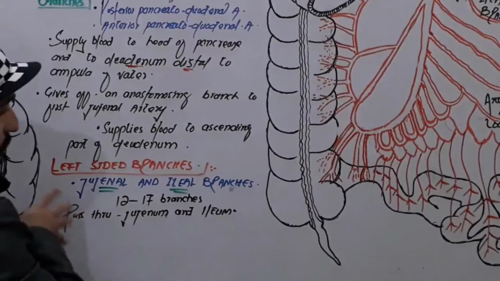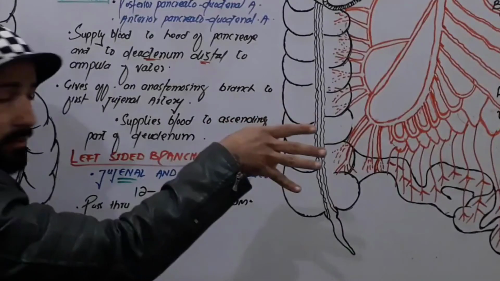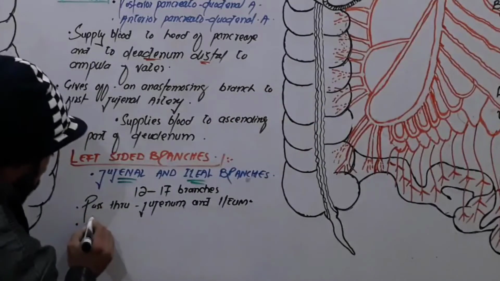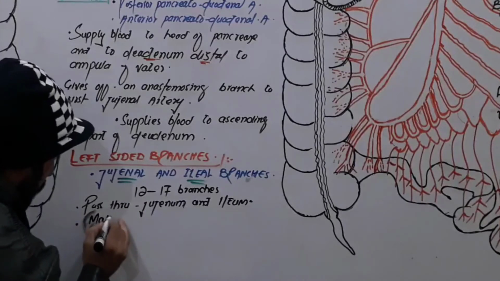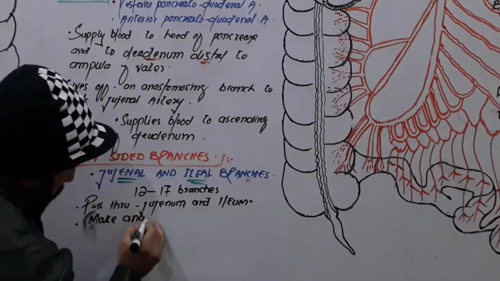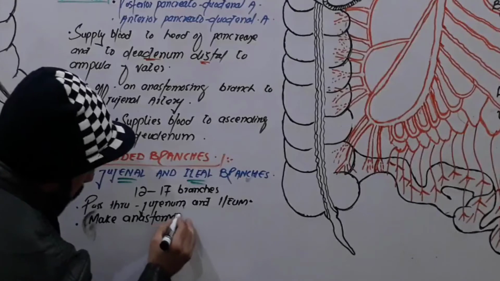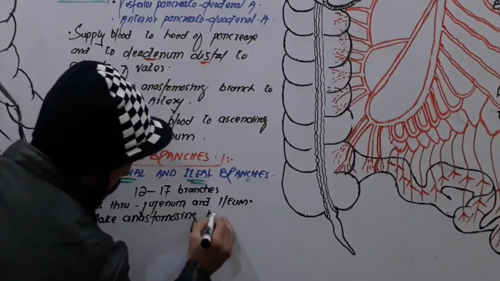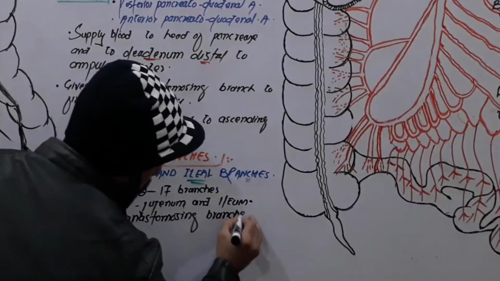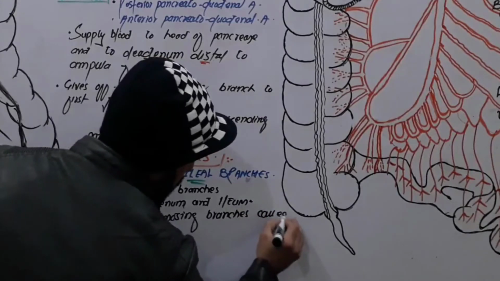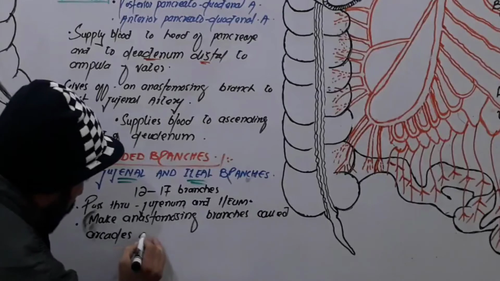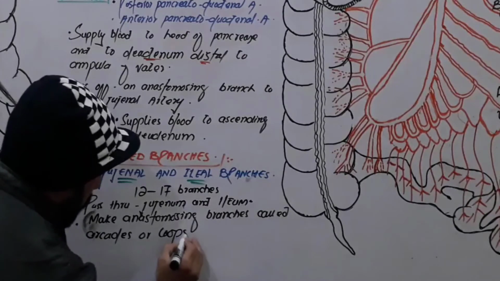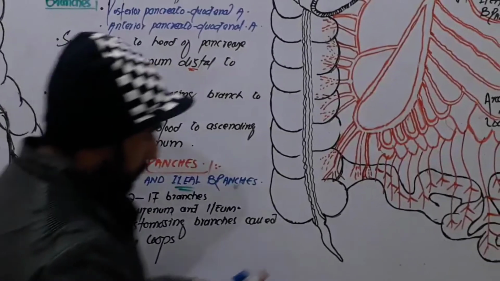So when they pass through the jejunum and ileum, they make anastomosing branches called arcades or loops. Okay, then what happens?